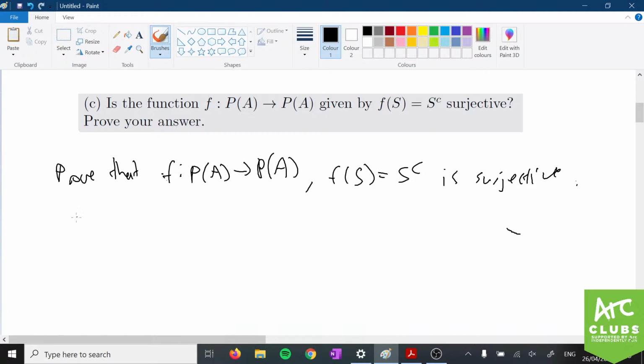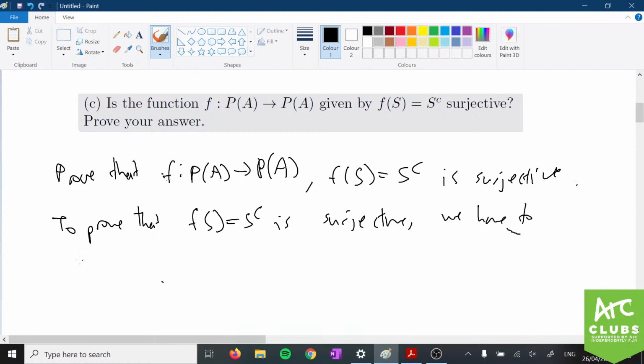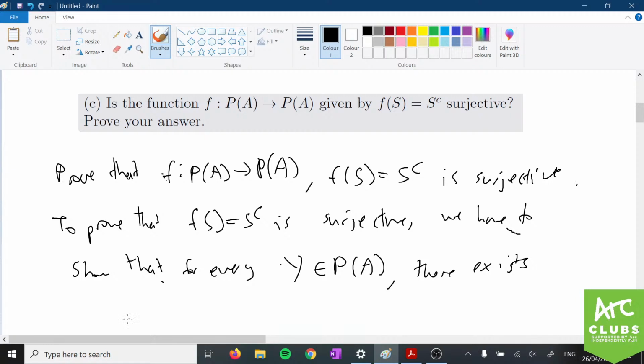To prove that f is surjective, we have to show that for every set, say y, in the codomain of f, there exists some x in the domain of f, which is still the power set of A, such that f of x equals y.